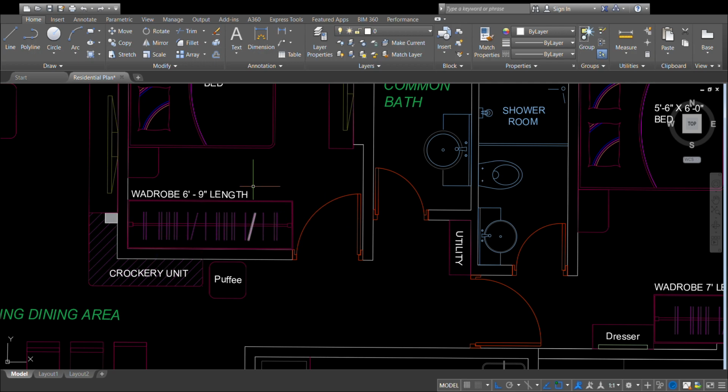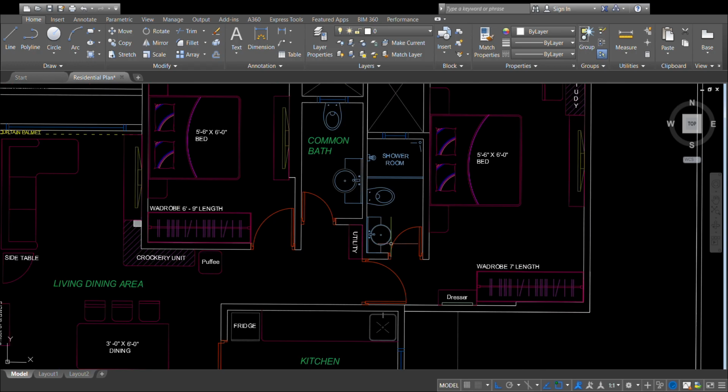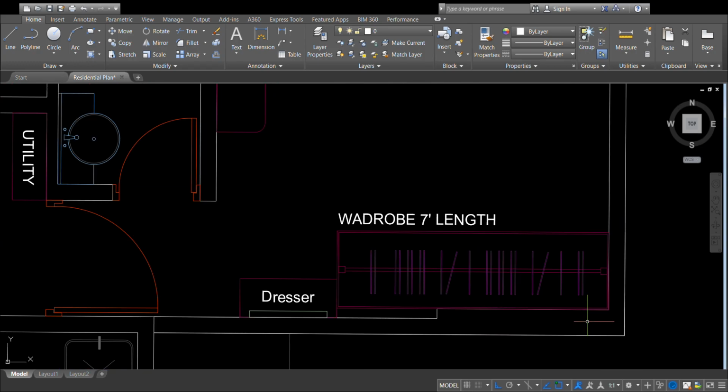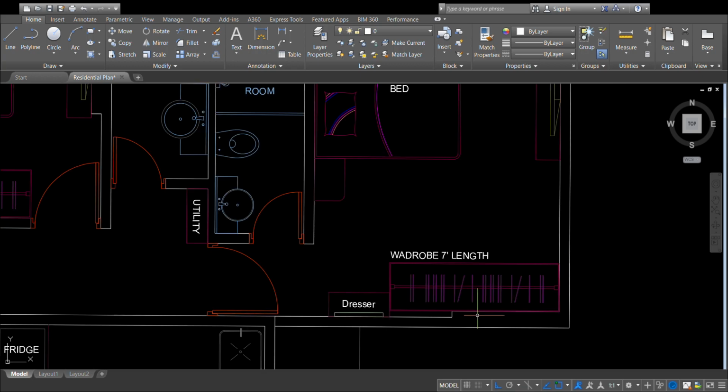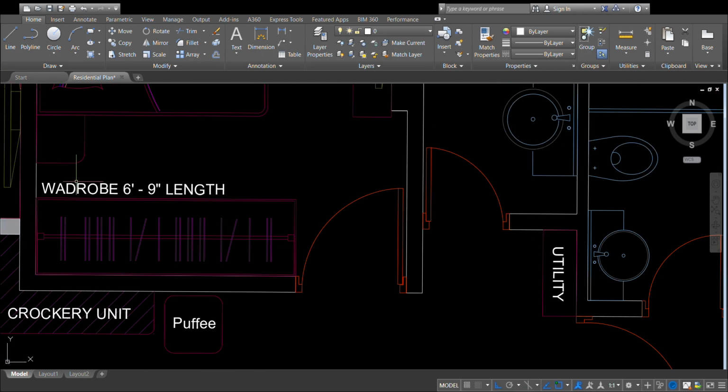So accessibility to the storage should be easy, like when we are considering wardrobes here everywhere. As you can see the wardrobe here, the accessibility is of course easy, and here we can have a wardrobe with openable shutters also. Now as you see here, if I take a wardrobe with openable shutters, it can become a little congested, as when you are opening the shutter, half of the space is gone.